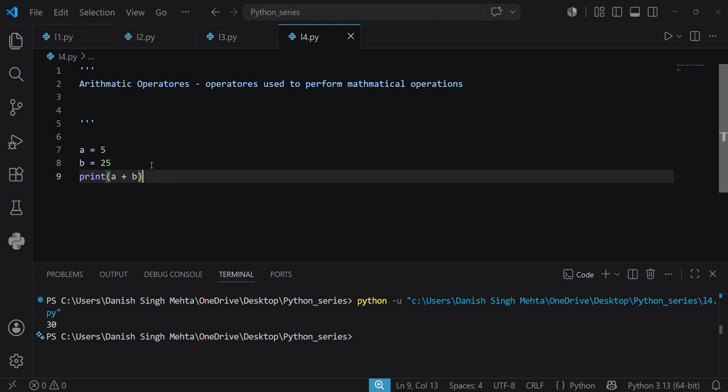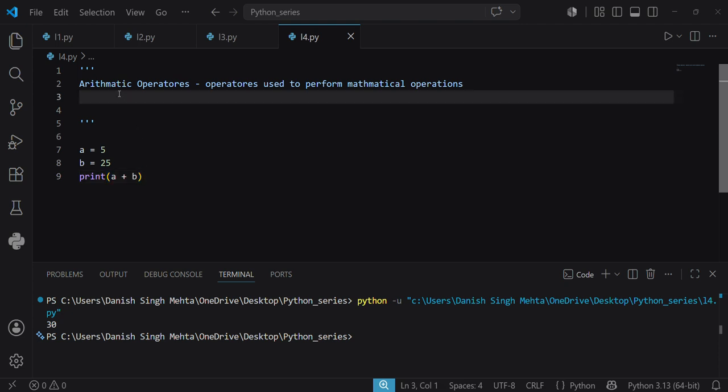Similarly, there are many arithmetic operators like plus, minus, multiplication, division, modulo, exponential, and floor.